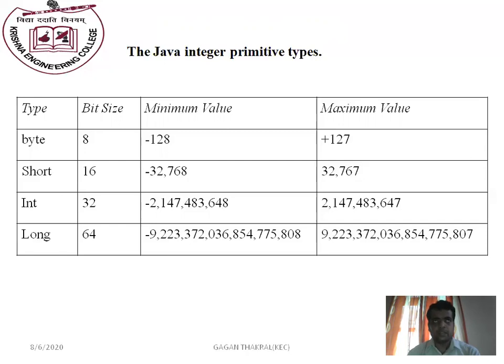The range is minus 2 raised to power 31 to plus 2 raised to power 31 minus 1. It is the range of integer in Java. Long takes 64 bits of space. The range is minus 2 raised to power 63 to 2 raised to power 63 minus 1. It is the range of long.